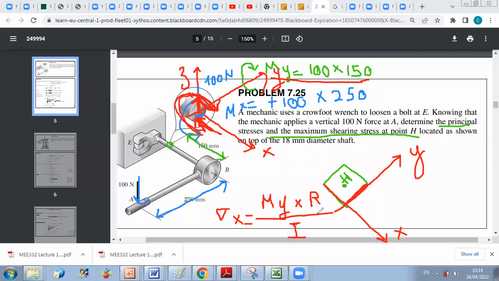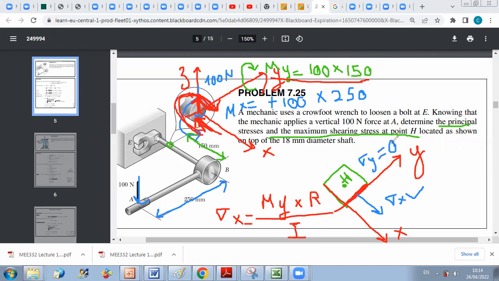So sigma x is M times r over I, and it's positive because it's causing tension. So now we can represent sigma x acting on this side. Until now, we have sigma x. Along y, no normal stresses. So sigma x is known, sigma y is 0.